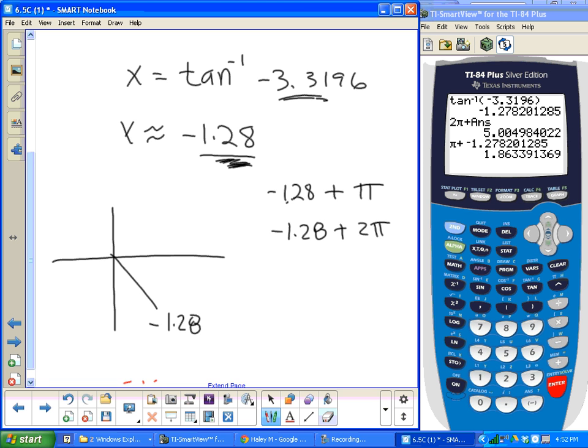Recall the period for tangent is just pi. So if I want to get to this angle but I want it to be a positive angle, all I have to do is take it and add 2 pi. And then recall that the period is pi, and so pi is just halfway around the circle. So all I have to do is get over here where tangent is negative. This one would be negative 1.28 plus pi. And that's how we can arrive at that second answer there.